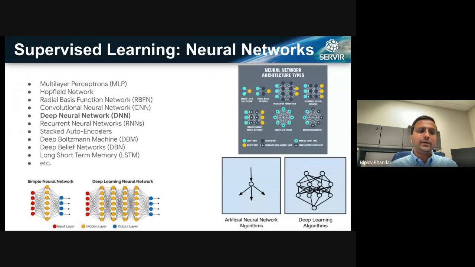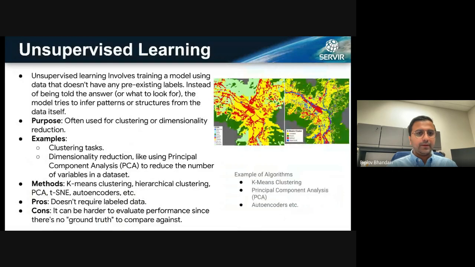There are recurrent neural nets, which you could apply when you have a time series data set. There is CNN, which applies convolution on images. So there are tons and tons of algorithms out there, but some of the concepts that we will go through in this lecture will be helpful in understanding almost all of these neural nets.